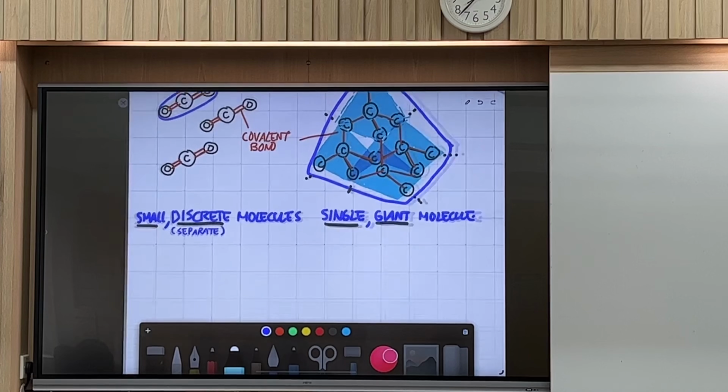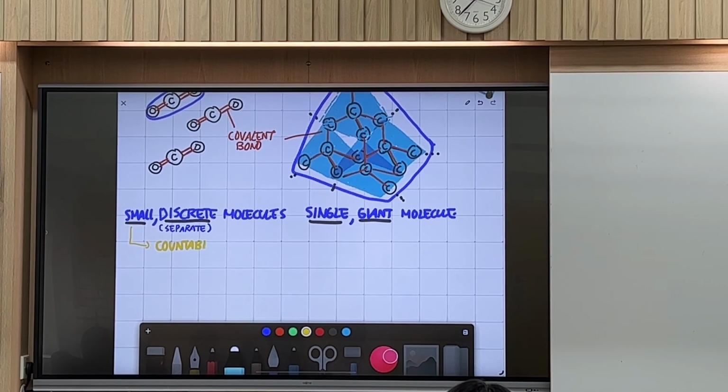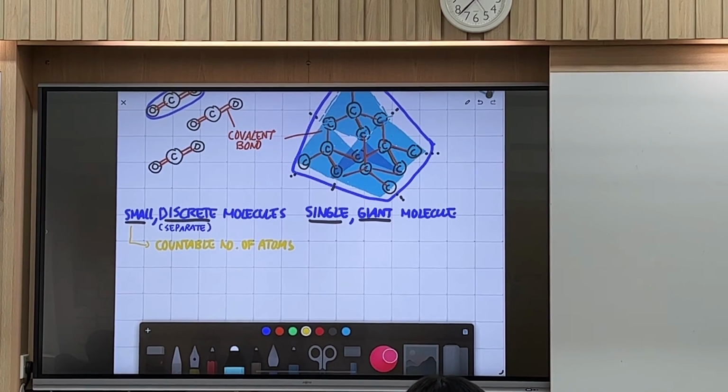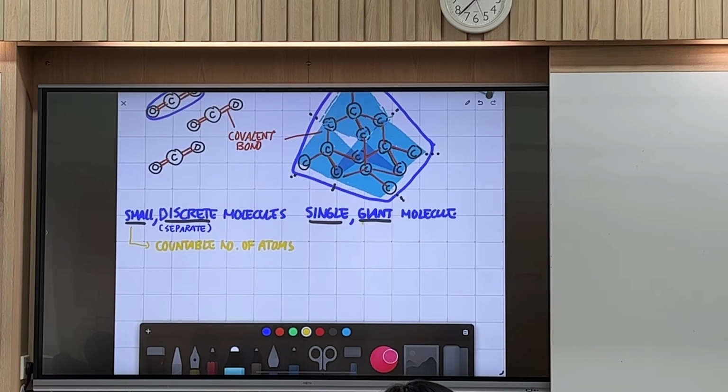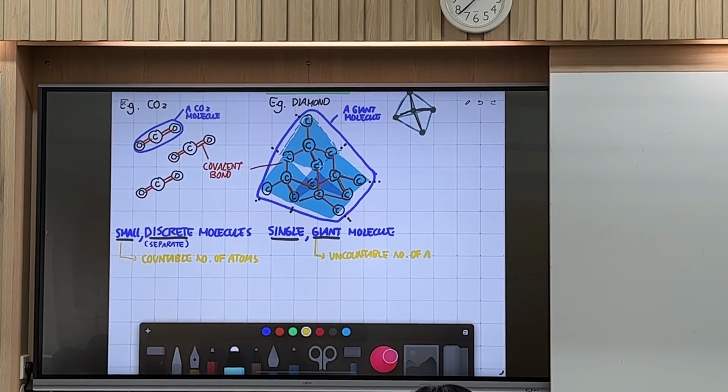Small means it contains a countable number of atoms. When you say it's giant, it means it contains an uncountable number of atoms. You won't be able to count how many carbons there are inside diamond. There are just too many. So, uncountable number of atoms.